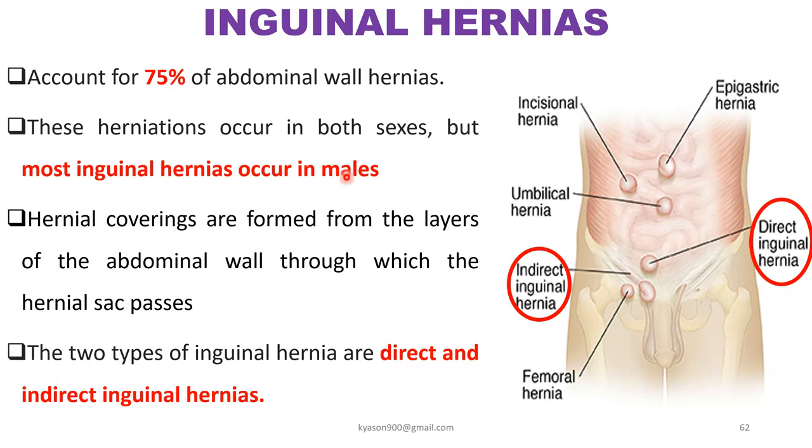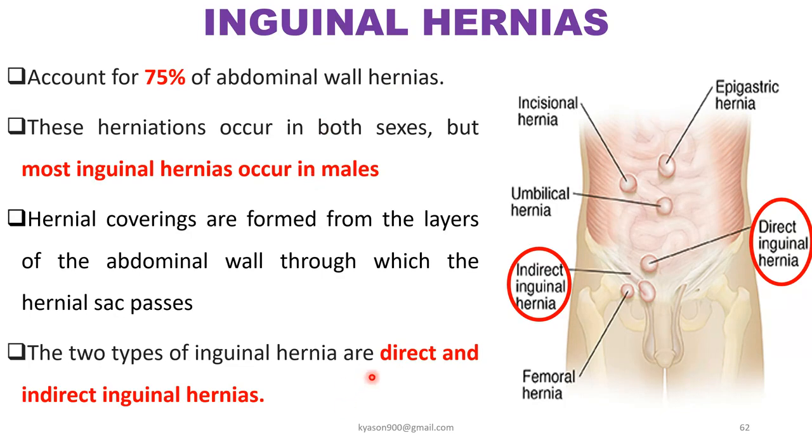They are common in men because men are exposed to activities that increase intra-abdominal pressure, and that can increase chances of such herniations occurring. That's why they are most common in men.